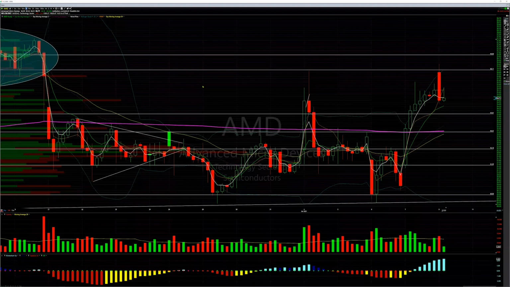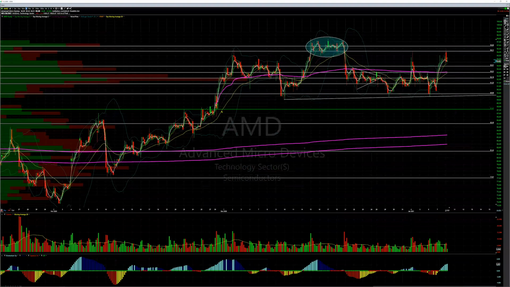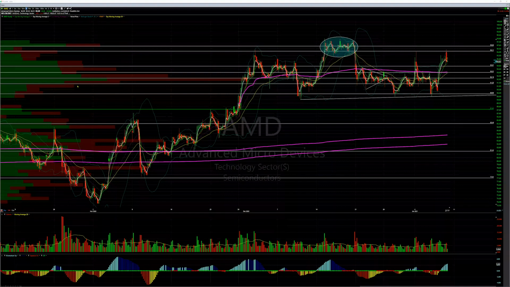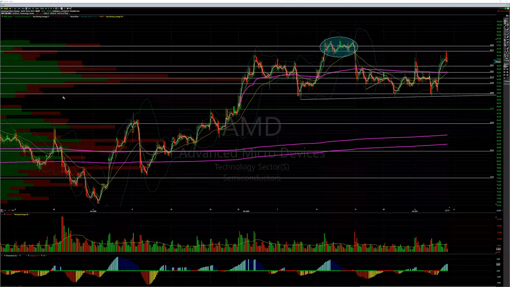On AMD, do you guys see this green line that I've got right here? This is what I call a gap, or I call it air. And it is because of this area right here. You guys see there's not a lot of volume profile in this area, right?